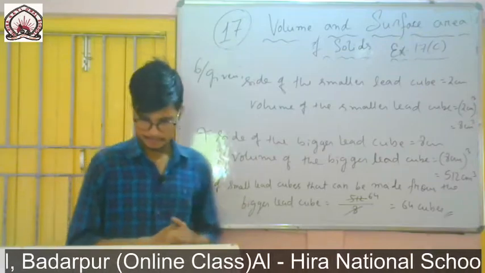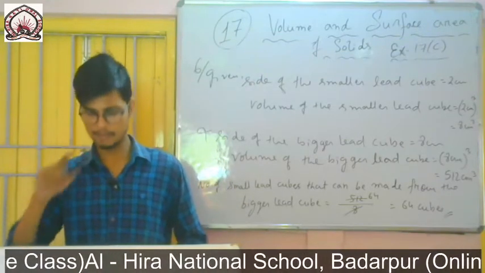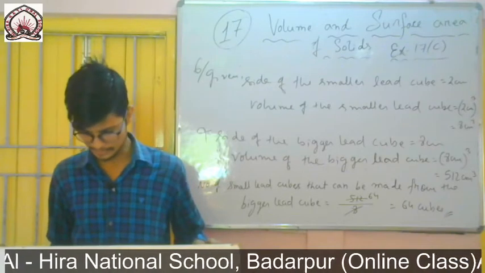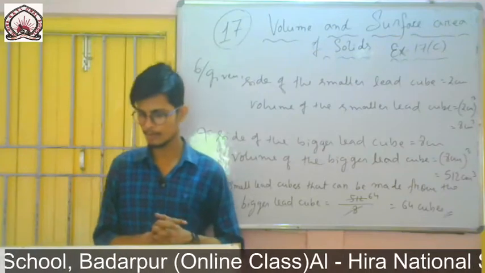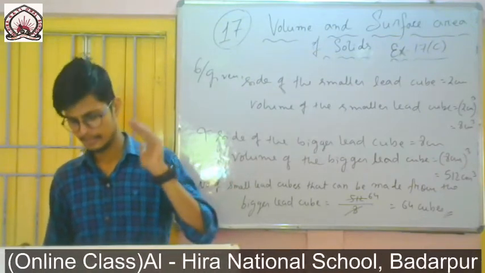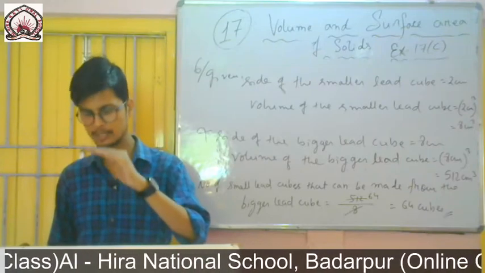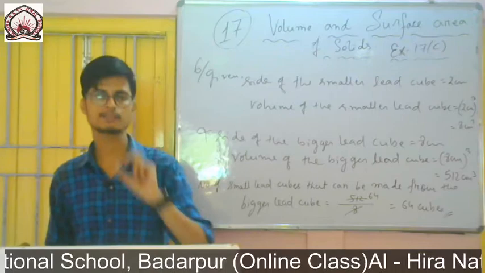Therefore, like this, the question is how many wooden cubical boxes can be cut. So you write: number of wooden cubical boxes that can be cut from the log of wood is equal to, simply divide the volume of the log of wood by the volume of each cube.